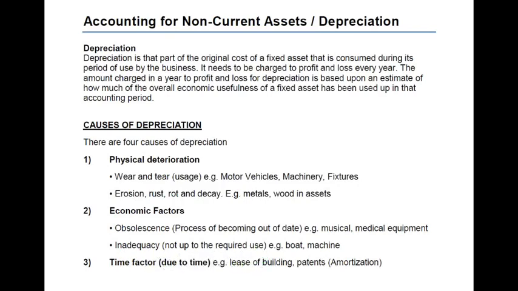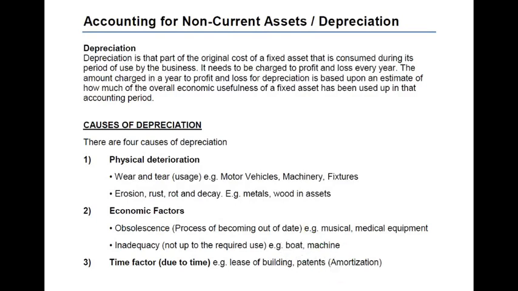Then inadequacy, not up to the required use, means the asset that we bought previously met our requirements, but during the year our requirements changed, and now we demand something more powerful in terms of its capacity or specifications.